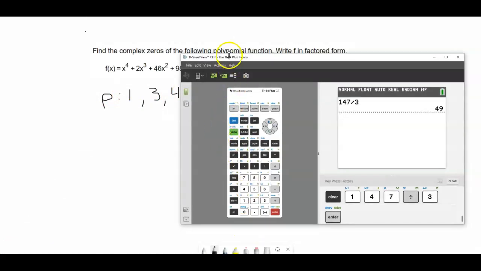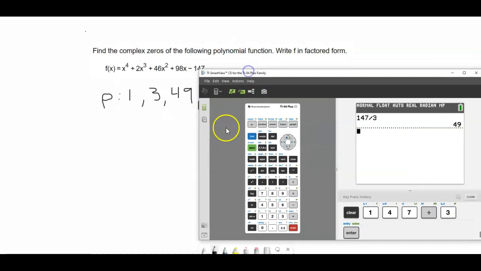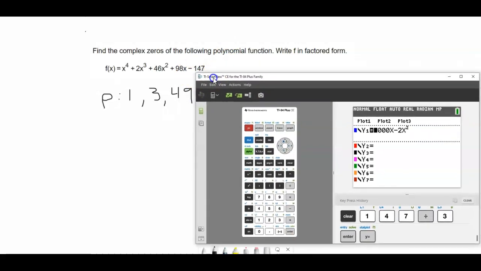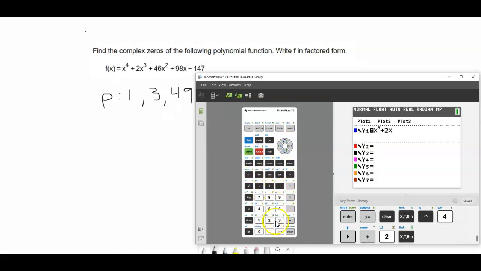All right, so I'm going to go to my calculator here and put this equation in. So this is going to be x to the fourth plus 2x cubed plus 46x squared plus 98x minus 147.